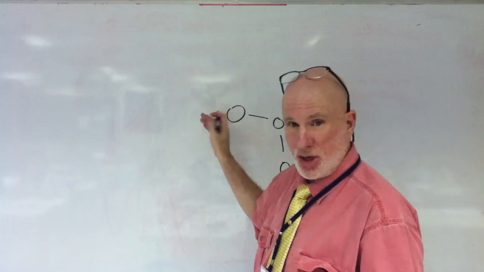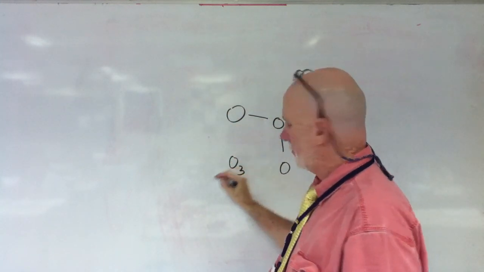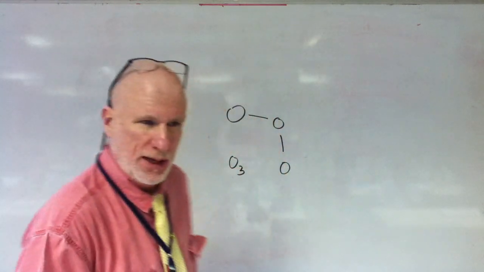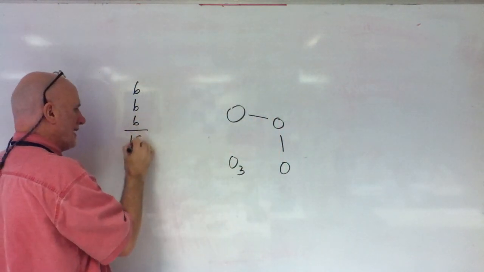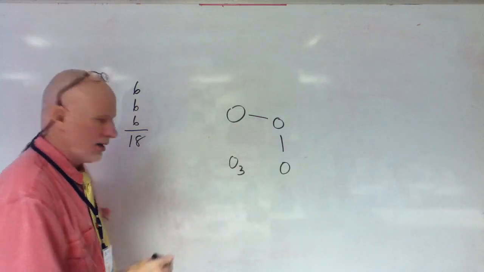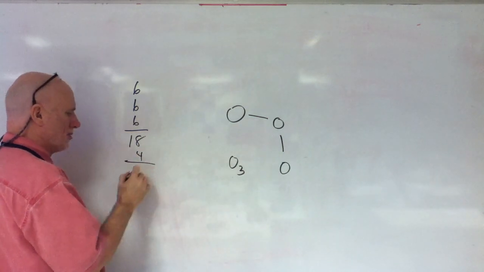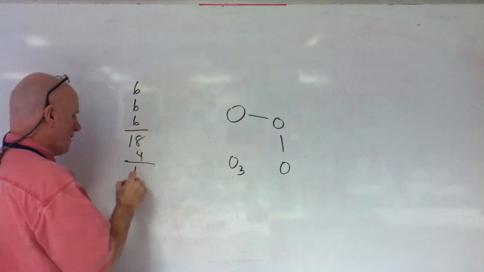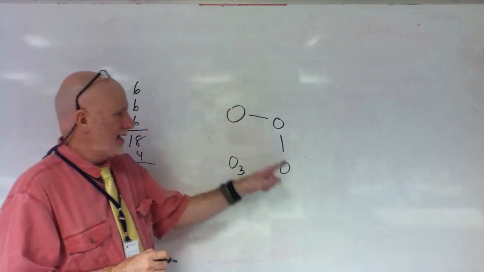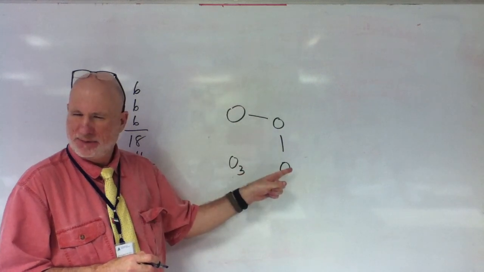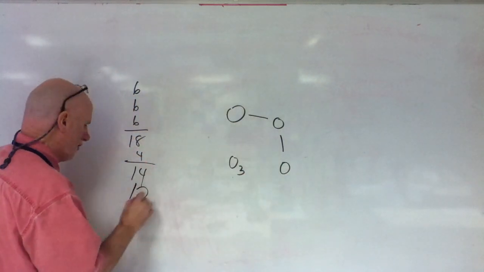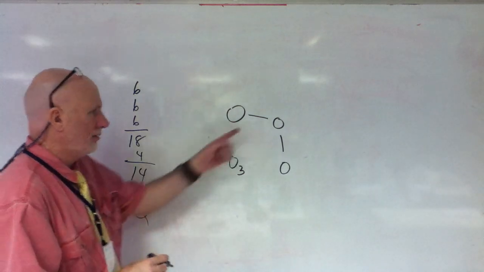That's ozone, O3, right? Remember we did this already? 6, 6, 6 is 18, minus 4 is 14. So what do you got? 14. Complete the outer atoms, that's 6 and 6, 12. There are 2 left over.